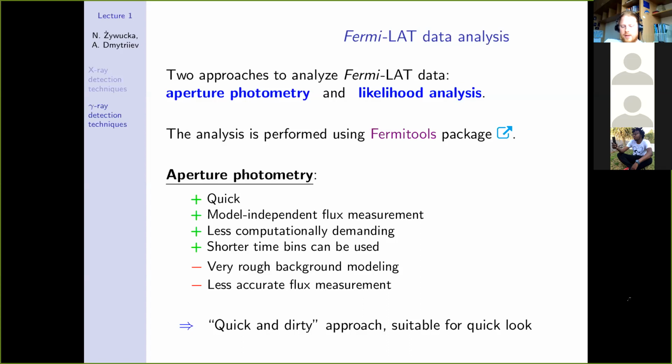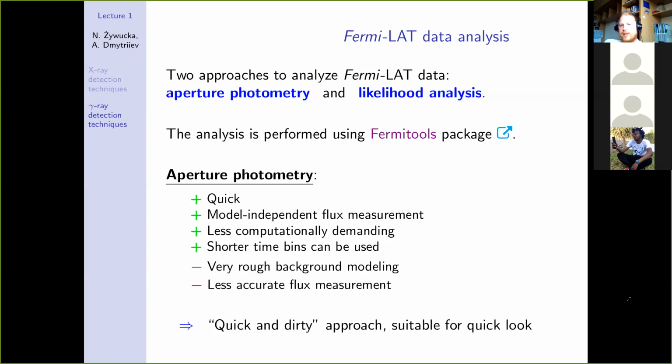there is another instrument, HAWC, the High Altitude Water Cherenkov telescope. These are water tanks placed over a portion of a desert in Mexico at high altitude, and they detect gamma rays with the same technique.